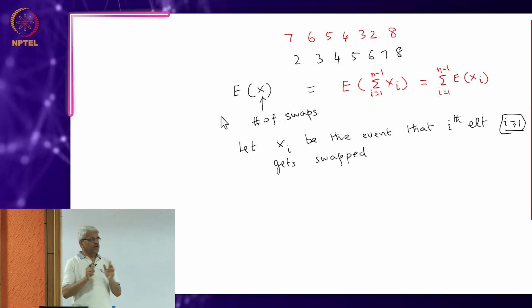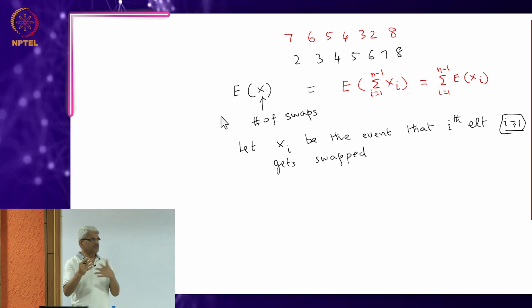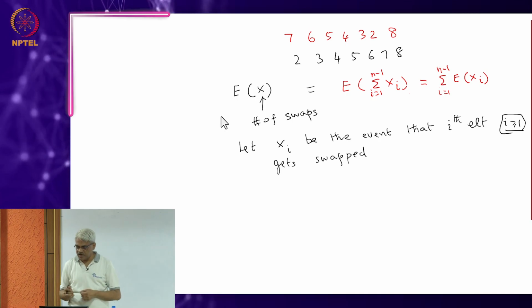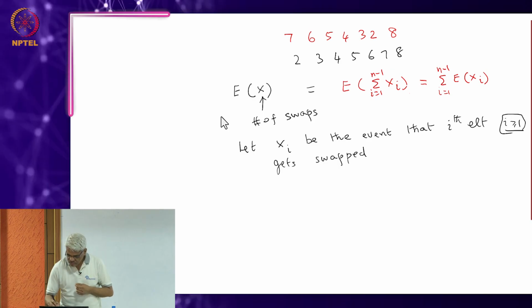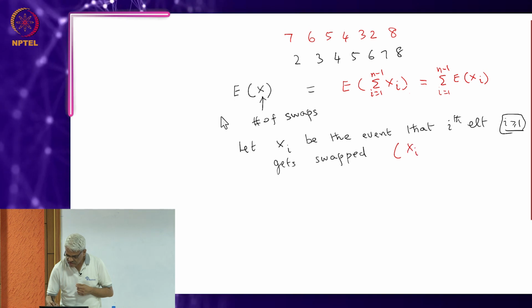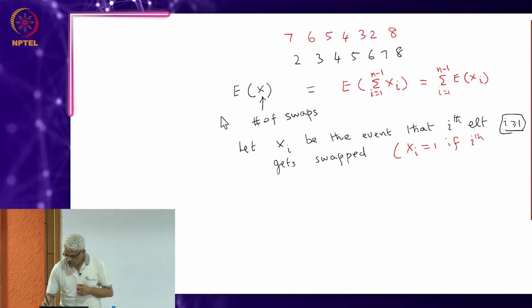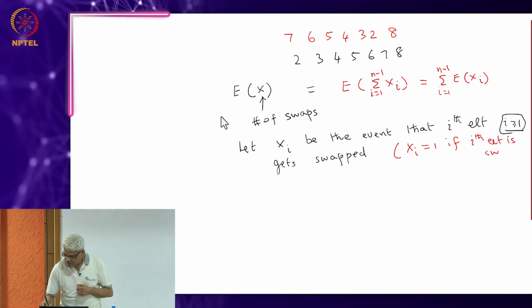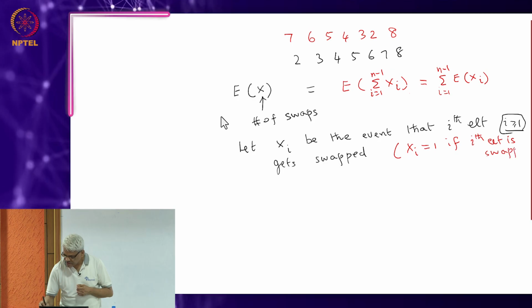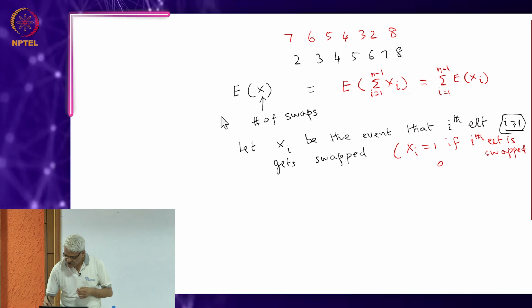If it is swapped, it will add 1 to the number of swaps, otherwise it is 0. So xi is 1 if the ith element is swapped. I'm overusing this term xi: I'm saying it's an event, and it's also an indicator variable. Hopefully there is no confusion.